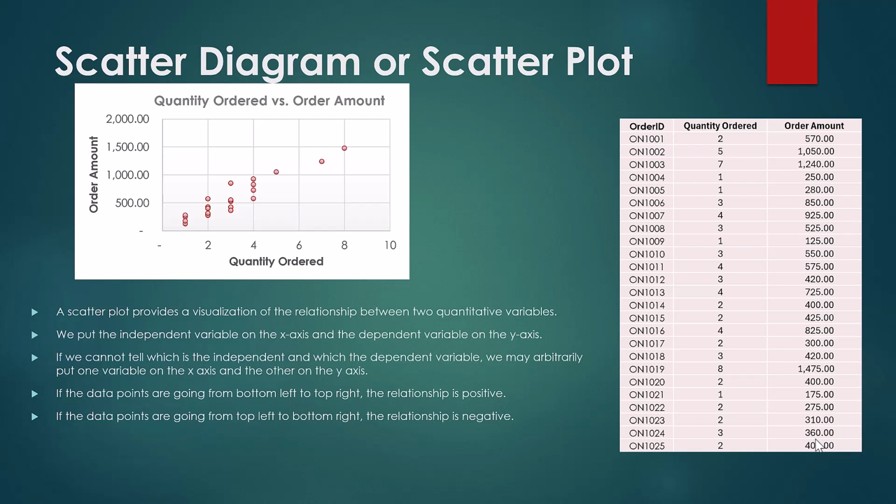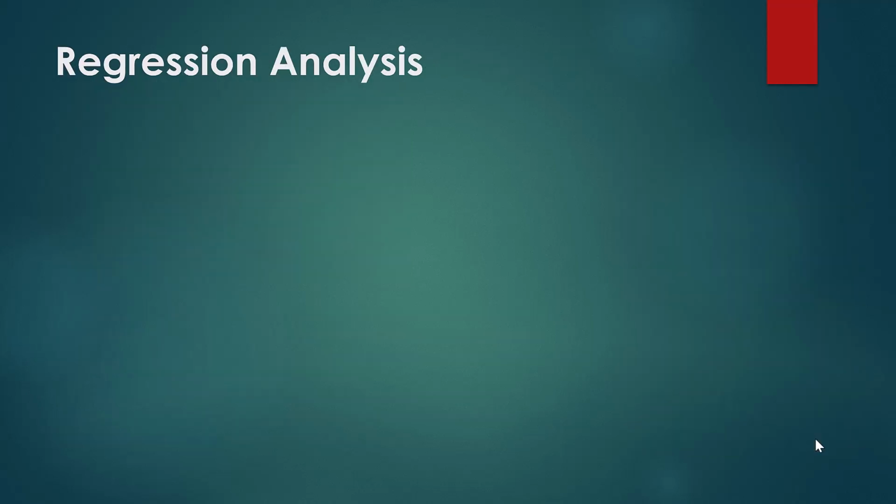Why? Because as the value on the x-axis is increasing, the value on the y-axis is decreasing. So in our example, we can say that the relationship is positive. How can we say if the relationship is strong or very strong or weak or moderate? We'll look at that on the next slide.